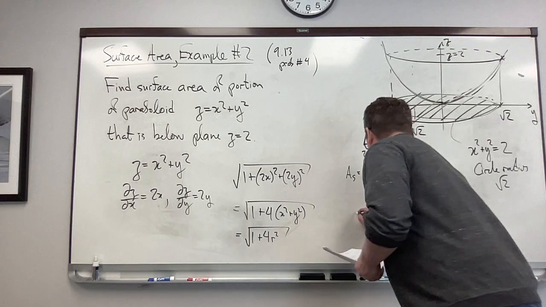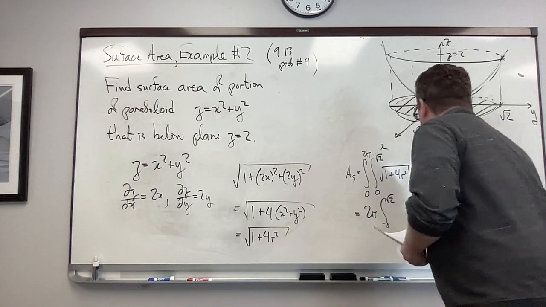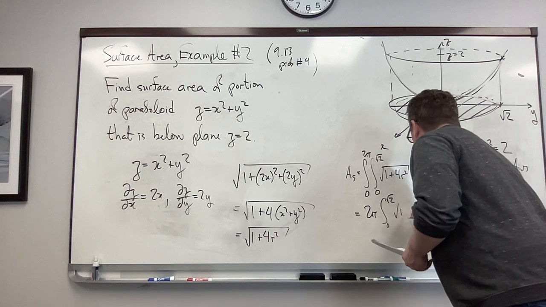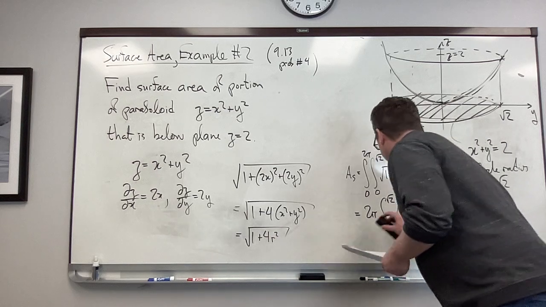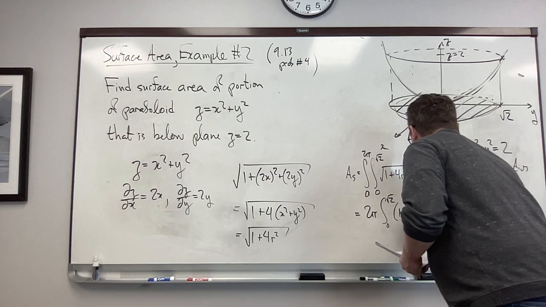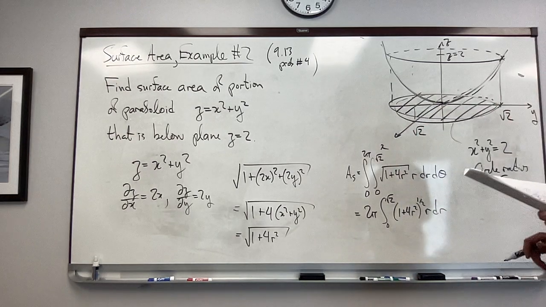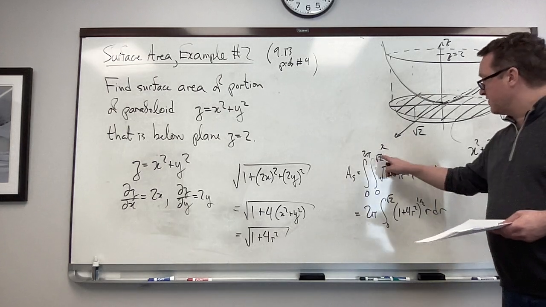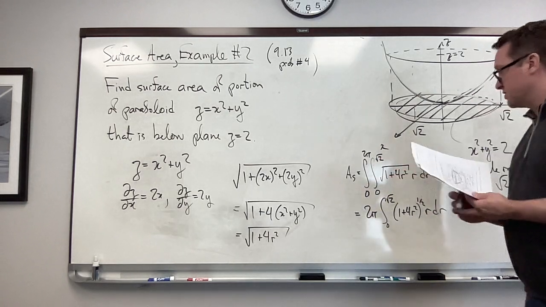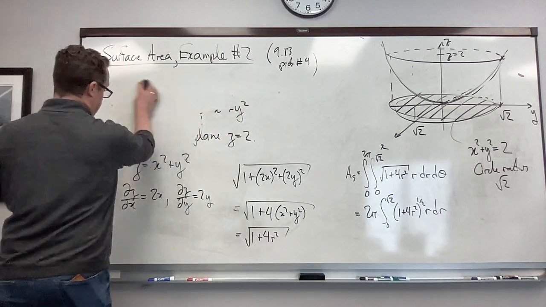So this is going to be the integral from 0 to 2 pi, and from 0 to square root 2, of the square root of 1 plus 4r squared, times r dr. Nothing depends on theta here, so I can bring that integration out. Not always the case, but often. And the problem is simple enough.